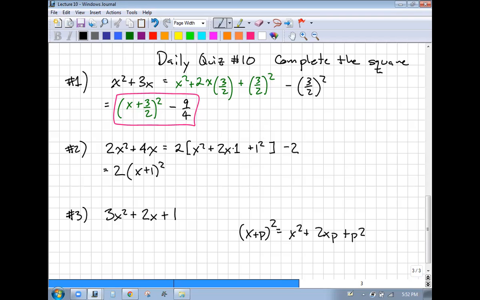And then I have a minus 2 left over. Right? Think about it. X plus 1 squared is x squared plus 2x plus 1. That's what this is. X squared plus 2x plus 1. Right? You can multiply it out and check your work. You can always do that.